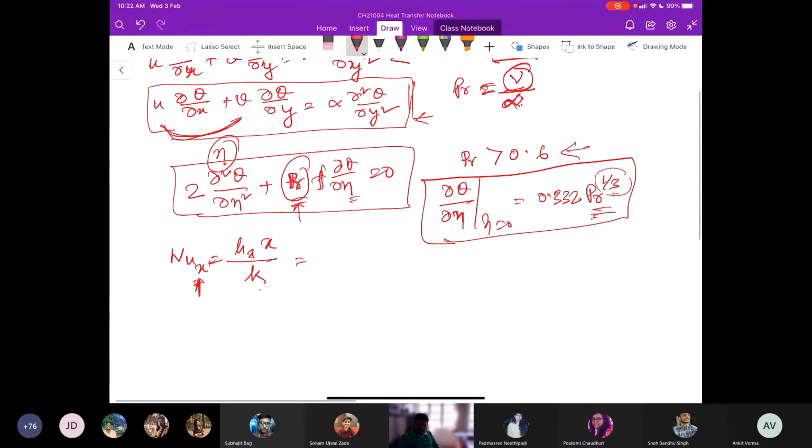It is equal to 0.332 Prandtl number to the power 1/3 and the local Reynolds number to the power half, for Prandtl number greater than 0.6.